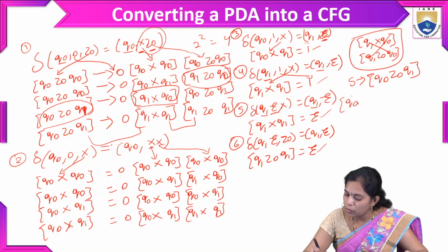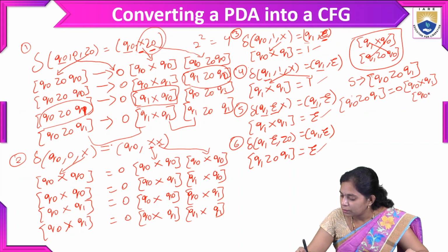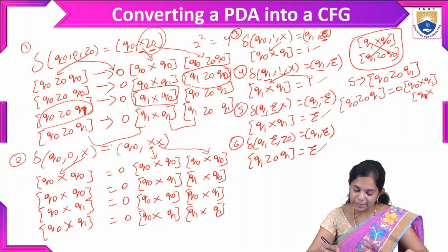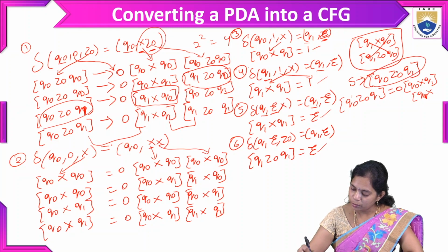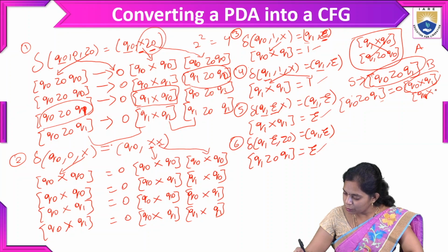And this Q0, Z0, Q1 tends to 0, Q0, X, Q1, and also we have the value Q1, Z0, Q1. So while segregating all these things, we will get this AB combination. If you observe, this is the A value, and this value is equal to B. And here we have the value C.